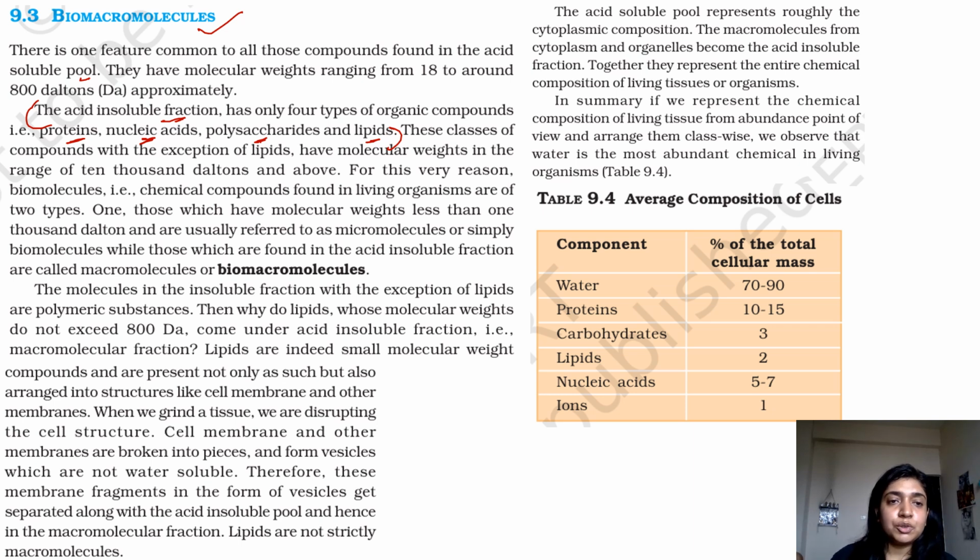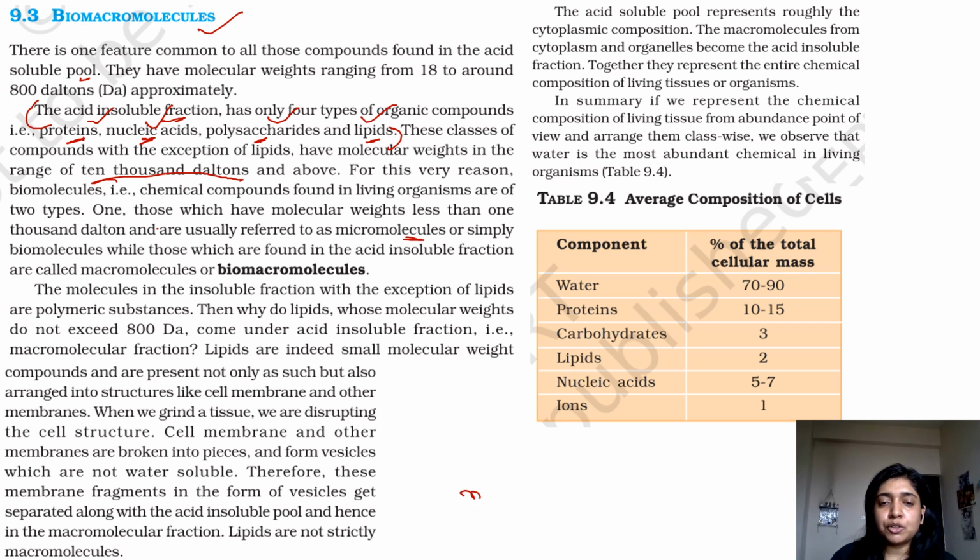So over there you will have to tick protein, nucleic acid, polysaccharide and lipids. These classes of compounds, with the exception of lipids, have molecular weights in the range of 10,000 daltons and above. That means they are heavy compounds, right? For this very reason, biomolecules, that is chemical compounds found in living organisms, are of two types. One, those which have molecular weights less than 1000 dalton and are usually referred to as micromolecules.